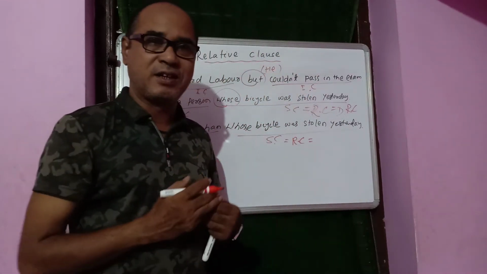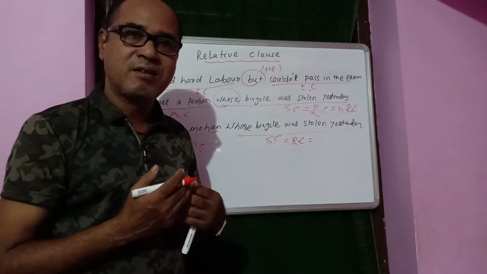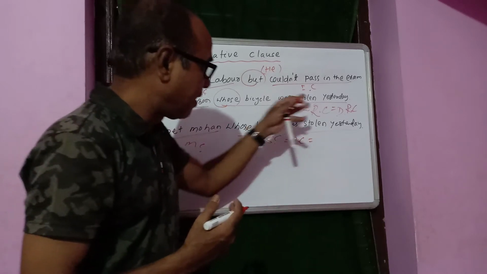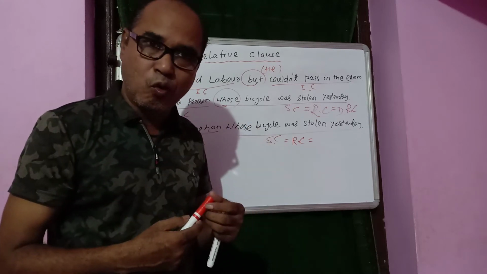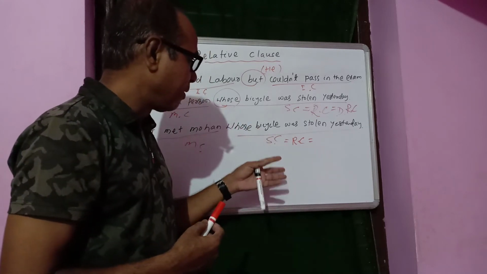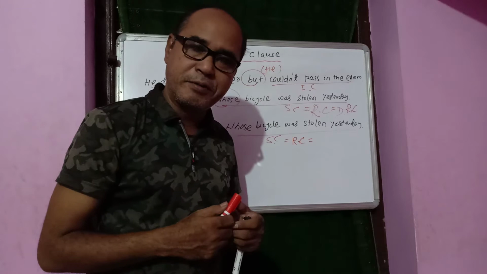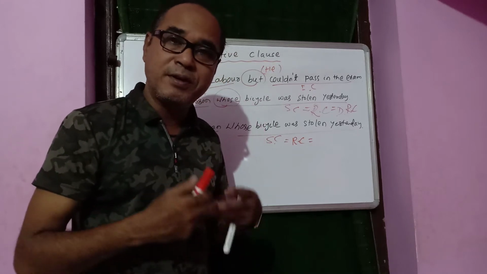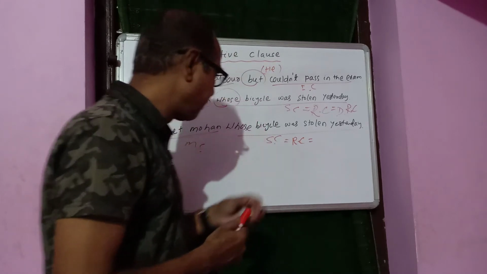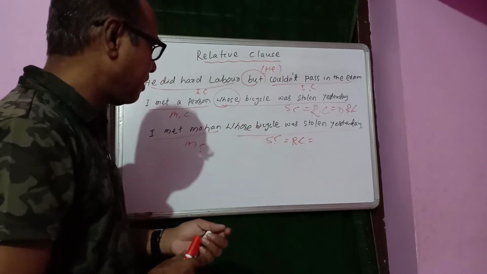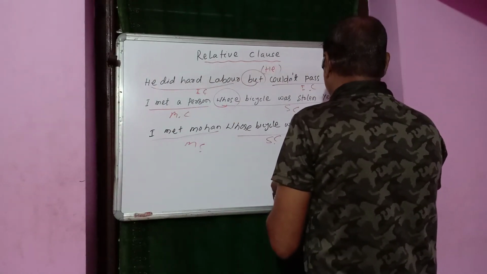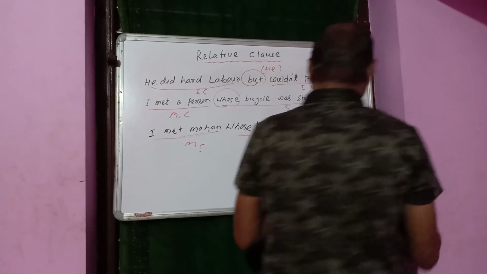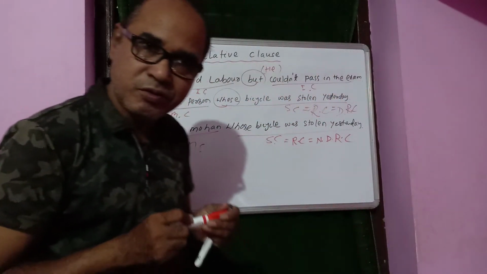What type of RC is it? Is it a defining relative clause, or identifying relative clause, or a non-defining relative clause, or non-identifying relative clause? See, this RC is called a non-defining relative clause.